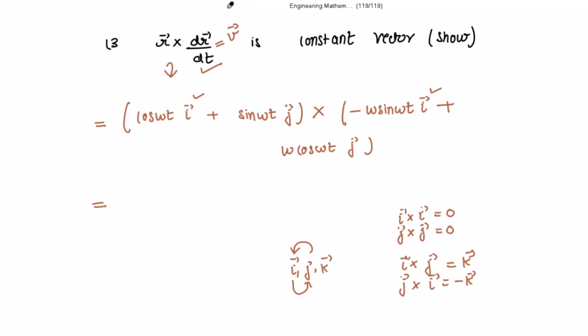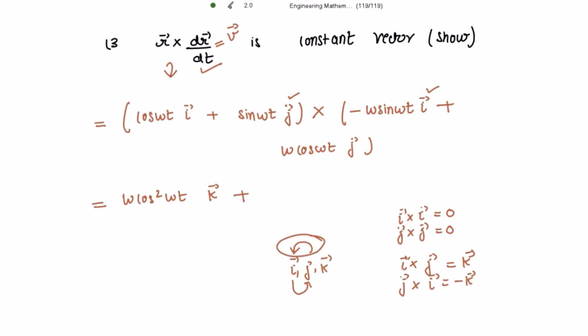Then taking the cross product of i with j, that is k vector, and also multiplying these two, we have w cos squared wt k vector, right? And plus the cross product of j vector with i vector in the reverse way.